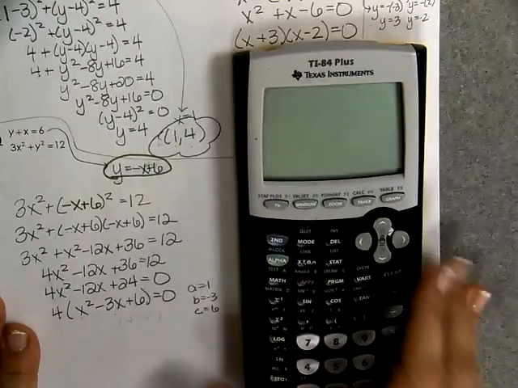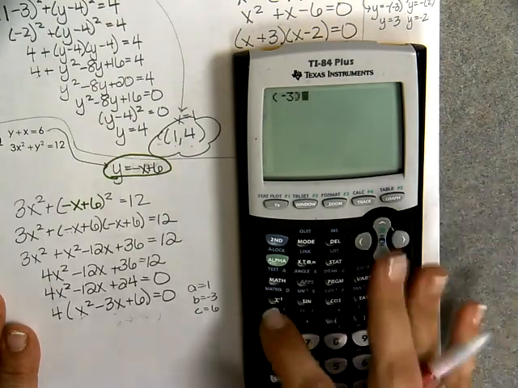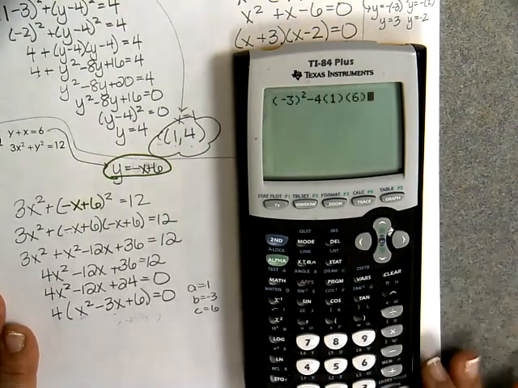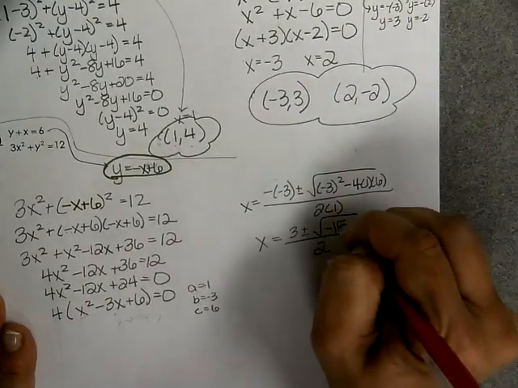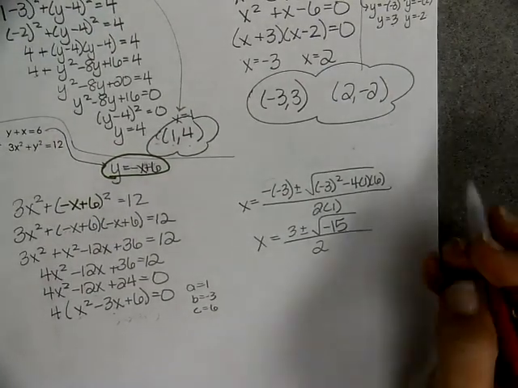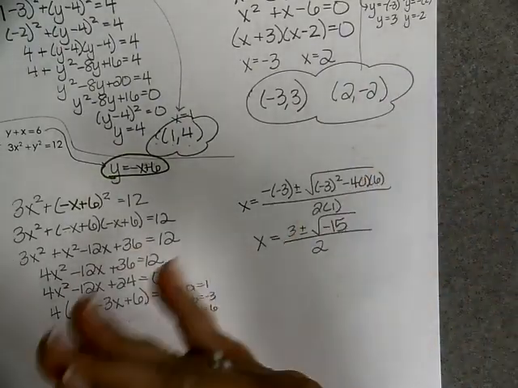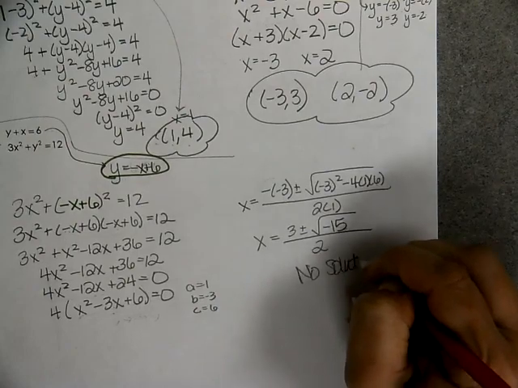And let's see what happens here if I take -3 squared minus 4 times 1 times 6. That gives me -15. Oh boy, we have a negative value here under the radical. That means that we're going to have imaginary solutions, which we don't see in the coordinate plane, so we can say no solution to this either.